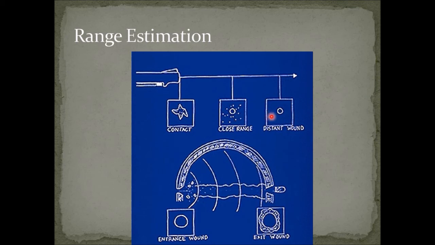And then at distance, we don't see any of that peppering. This is usually over, depending on the firearm and how clean it's burning, et cetera, somewhere between 3 and infinity away. This will not have any of that peppering or the ripping on the outside. It'll have a clean entry.